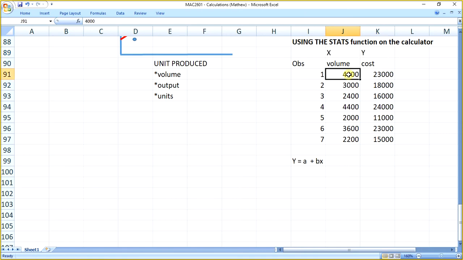I think you should press equals, and it inserts it. Must I do all the X values and then the Y values? Yes, do all the X and then all the Y, but make sure the right X goes with the right Y.